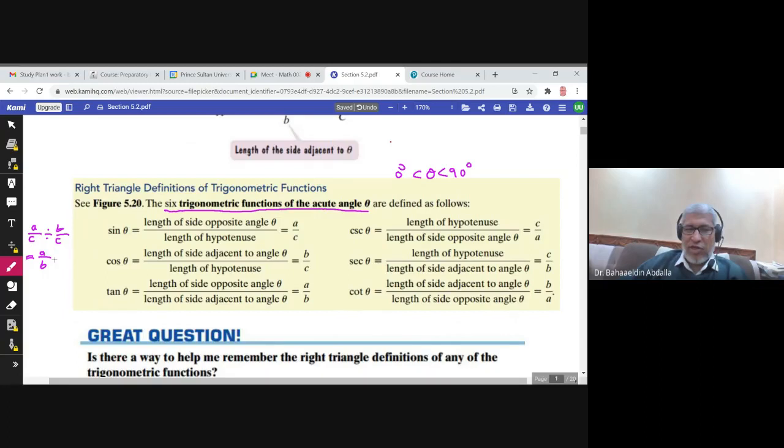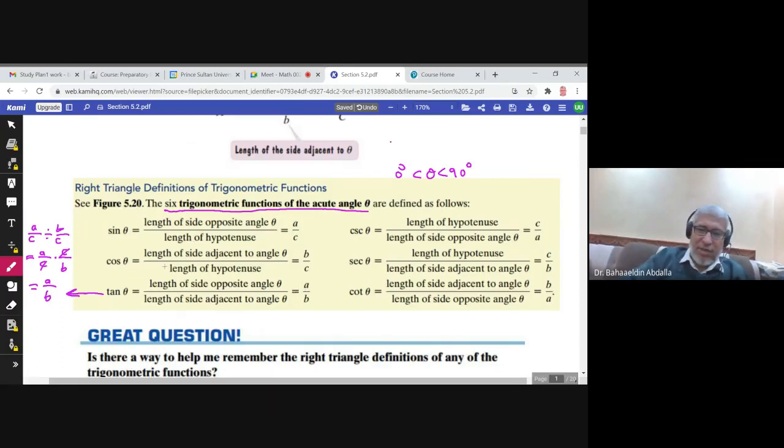You change it to multiplication times the reciprocal. So c cancels with c, and the answer is a over b, which is tan. So tan is in fact sine over cosine.